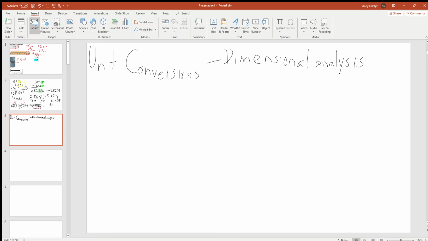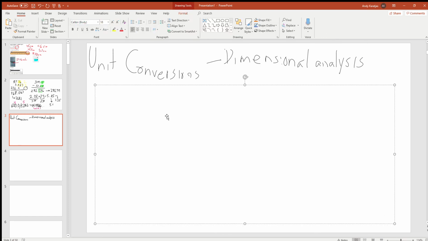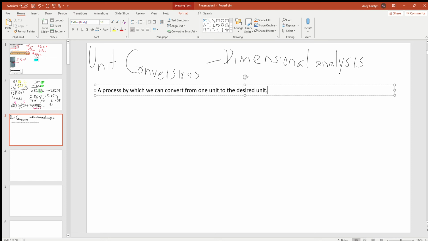So, dimensional analysis is a process by which we can convert from one unit to the desired unit. Now, sometimes we're going to be able to do that in one step, but sometimes it's going to take multiple steps to do that.